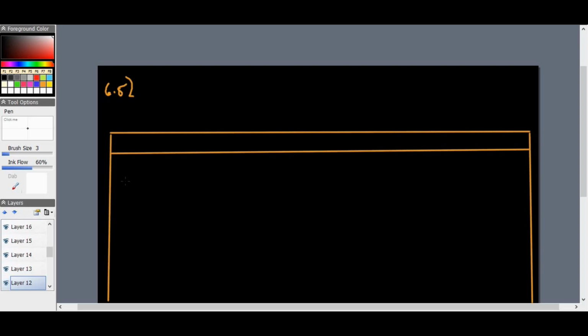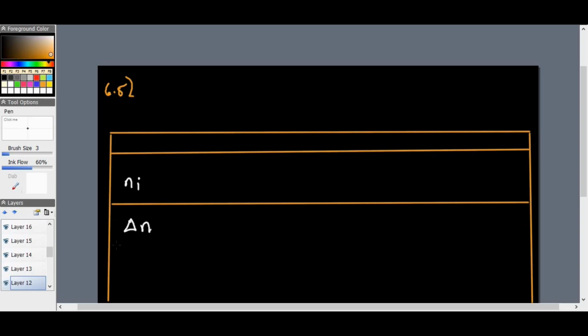I said Ni, drew a little line like that. Then I said the change in the amount of moles. There we go. And let's see, quantity at equilibrium.